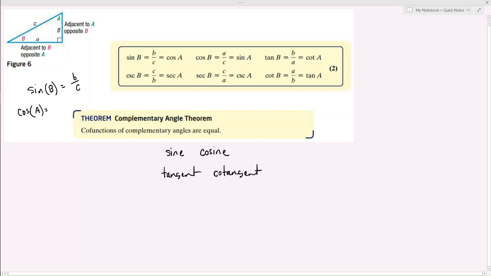So the adjacent to A is the same as the opposite of B, so we put B over C. Notice that's the same result.